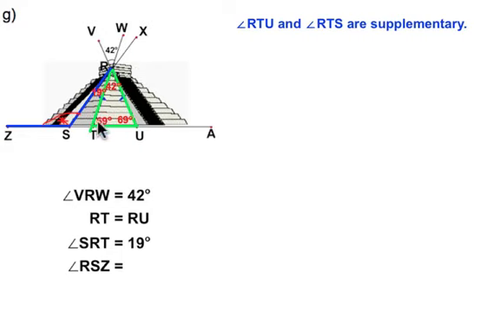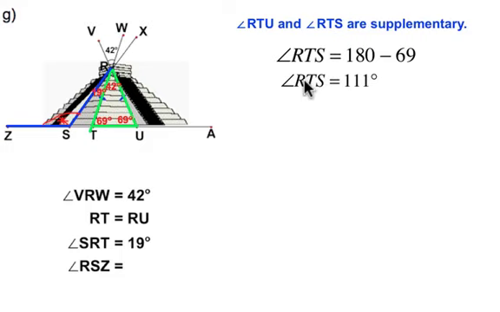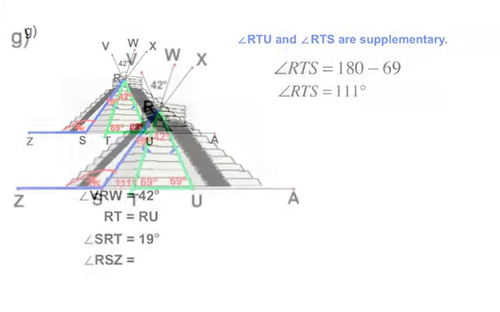RTS and RTU, so this angle and this angle here, are supplementary because STU is 180 degrees. So that means that angle RTS is equal to 180 degrees minus 69. And so that means that angle RTS is equal to 111 degrees.